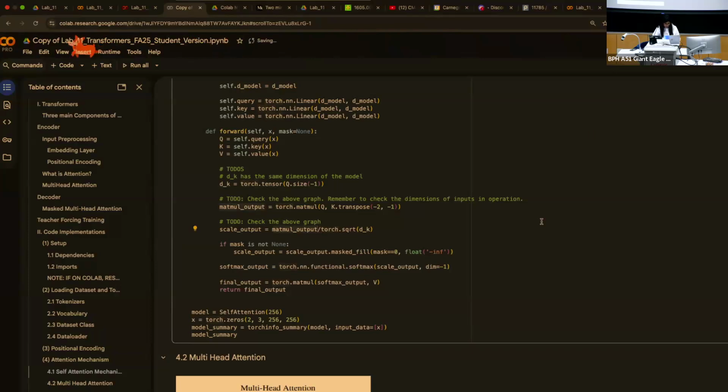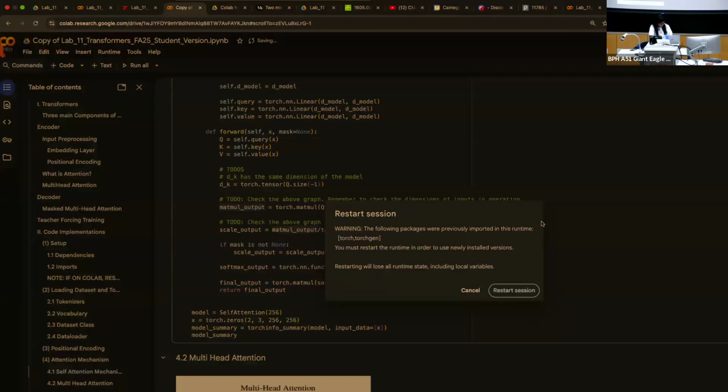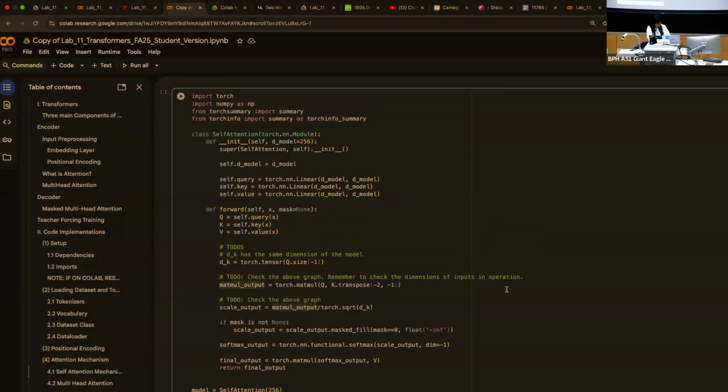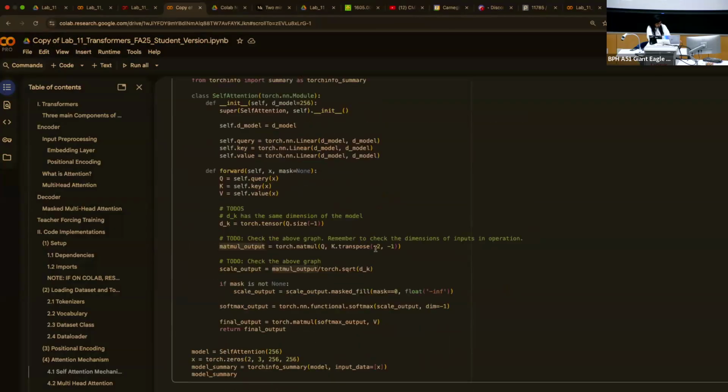I think there's a lot of lag in my notebook. Okay, so we calculate our scale output.